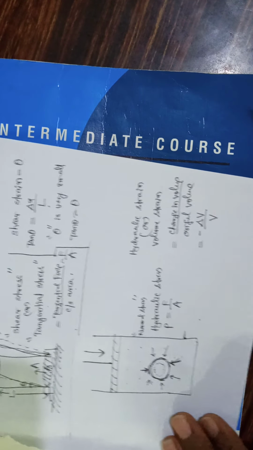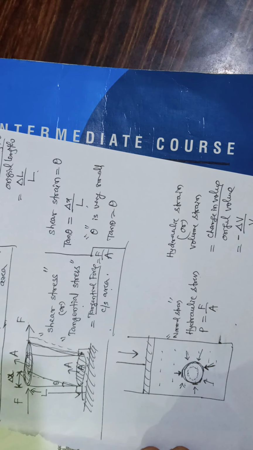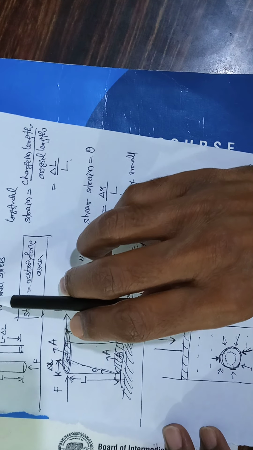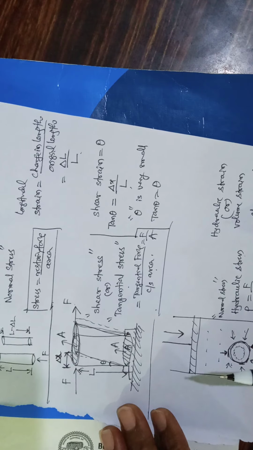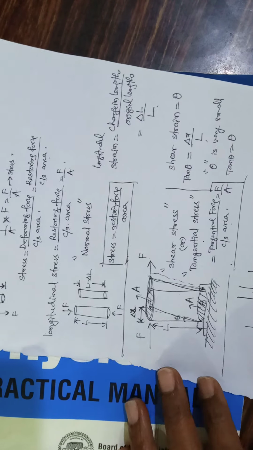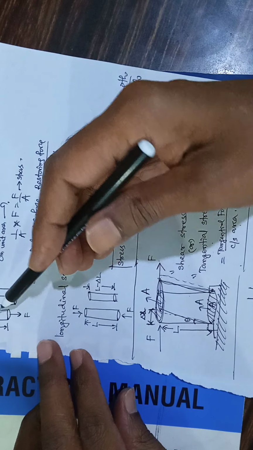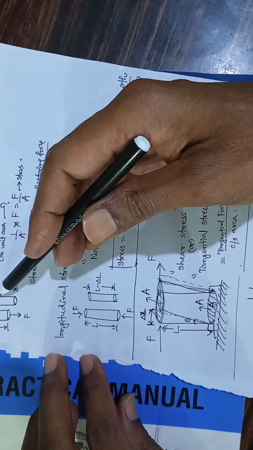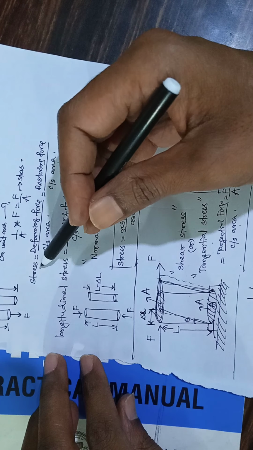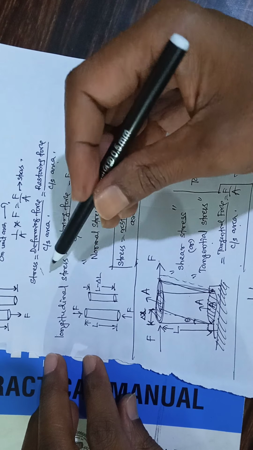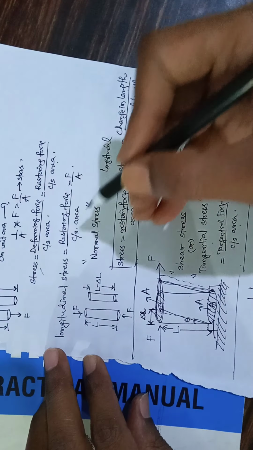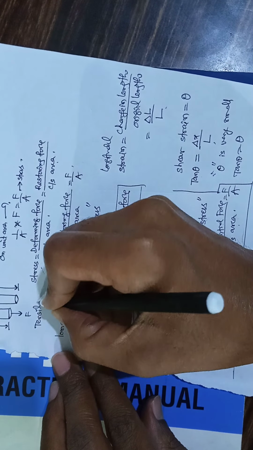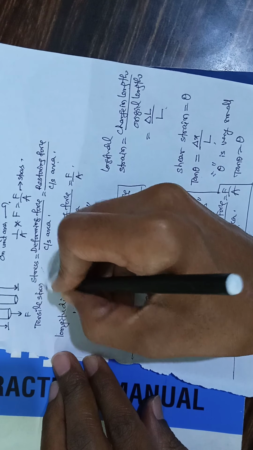That means, see here you are having 3 types of stresses and 3 types of strains. Longitudinal stress. See again here the longitudinal stress can be 2 types. See here you are applying a stretching force, thereby its length is increased. Such a type of stress can also be called tensile stress.